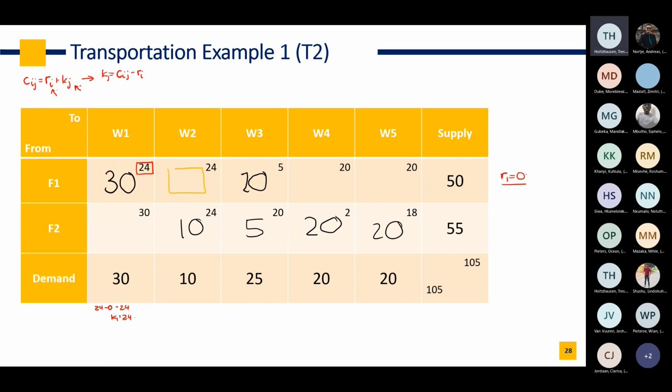The answer is no, we can't, because when we're working this out, we only use the cells that have values inside them. The empty ones we don't look at for this. So we move on to where there is an actual value, this one over here. We have 5 minus 0 is equal to 5, and that gives us K3 is equal to 5.